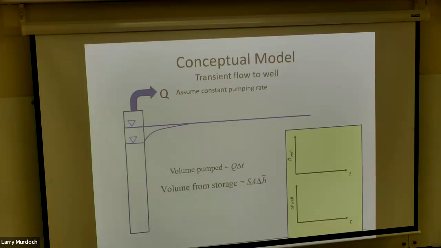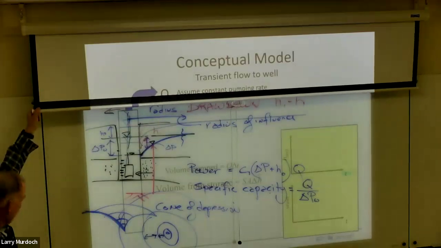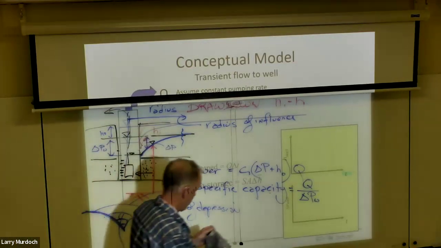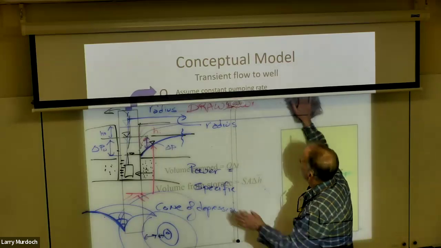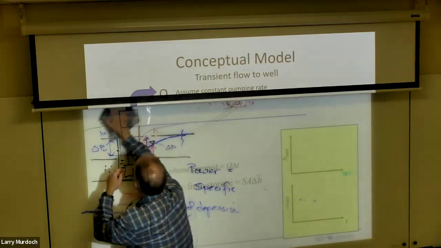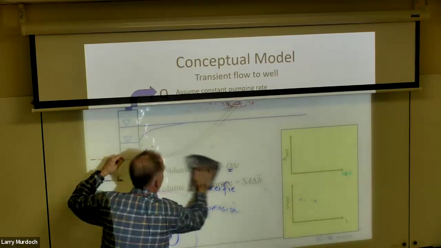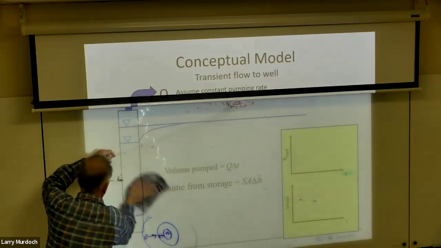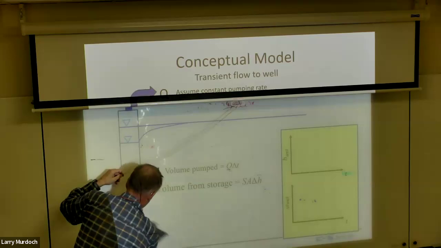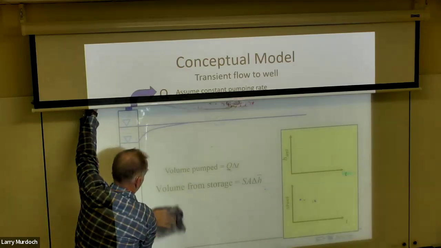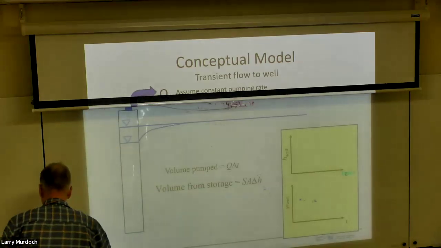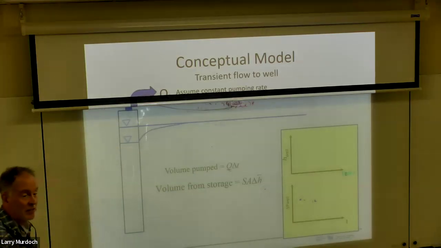Remember back a few weeks ago, we were talking about the properties that are related to storage of water and removal of water from storage. And remember storativity? What was the definition?